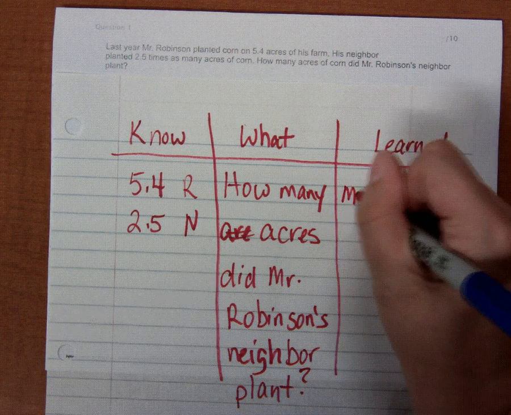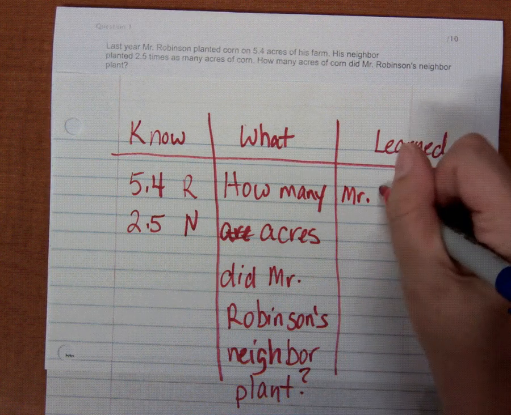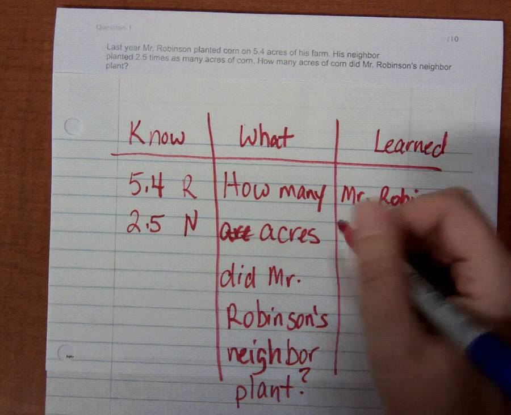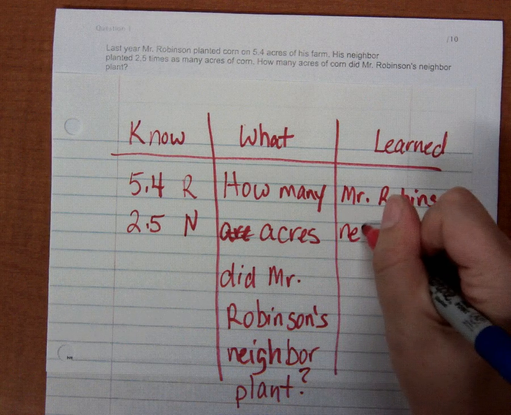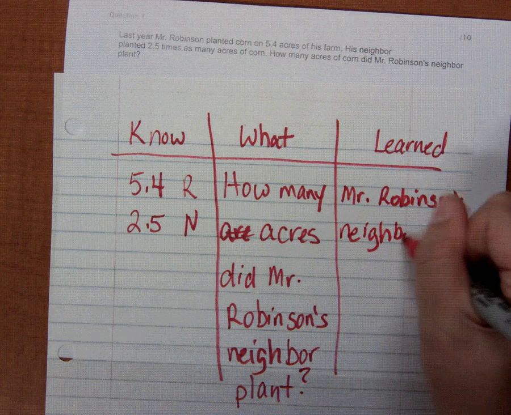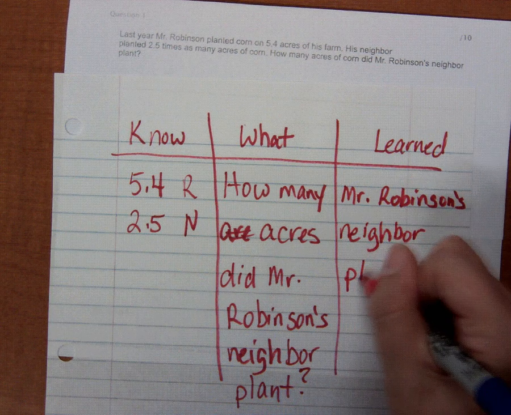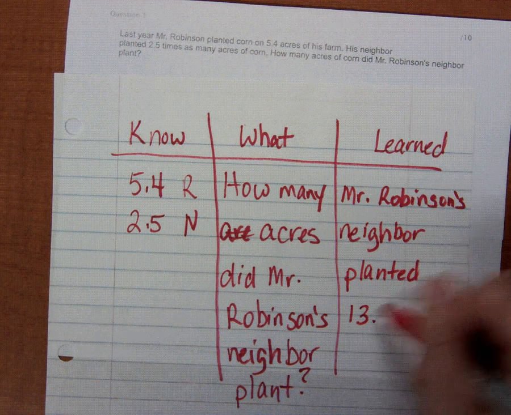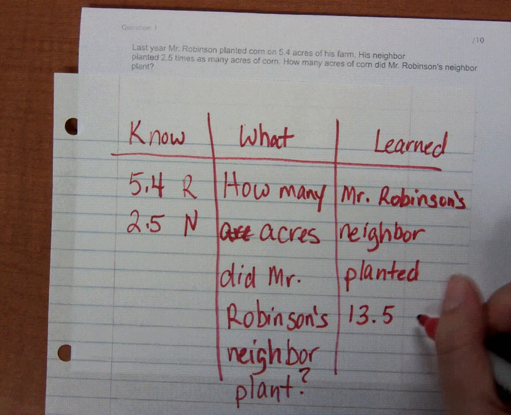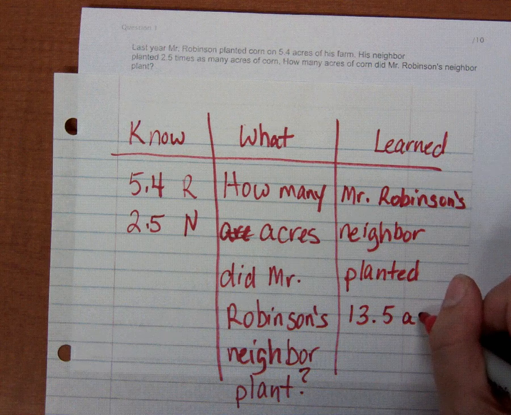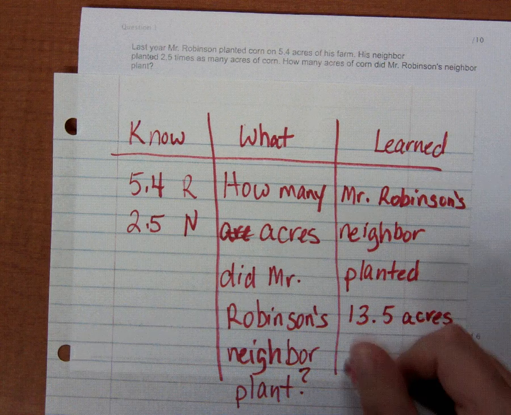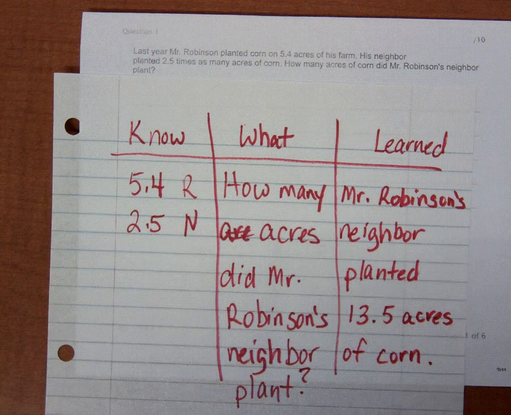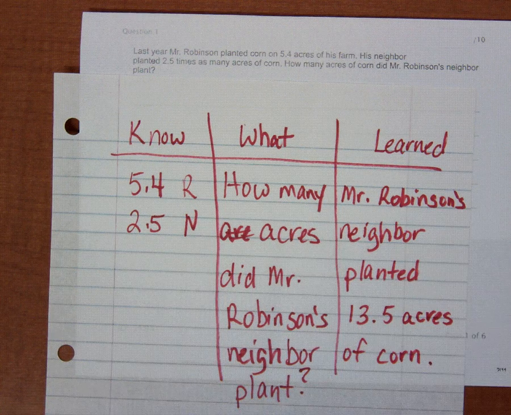So we're just going to copy: Mr. Robinson's neighbor planted 13.5 acres of corn, period. Okay, that's not so bad.